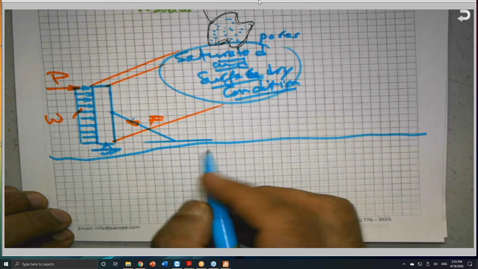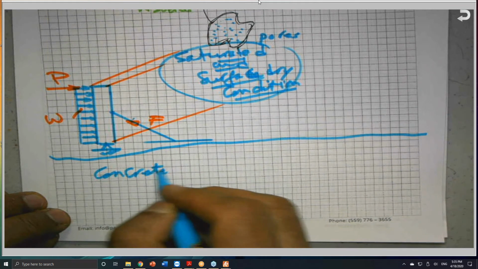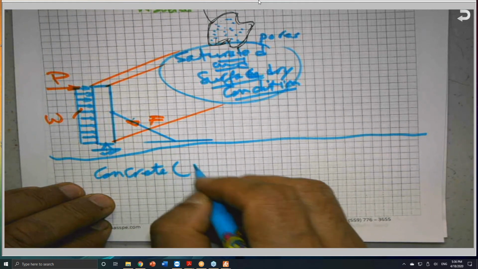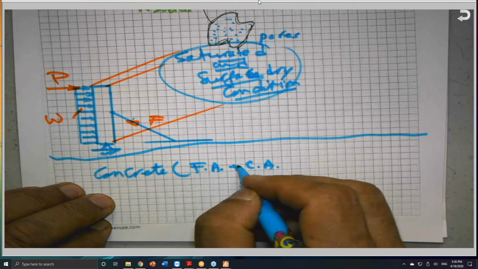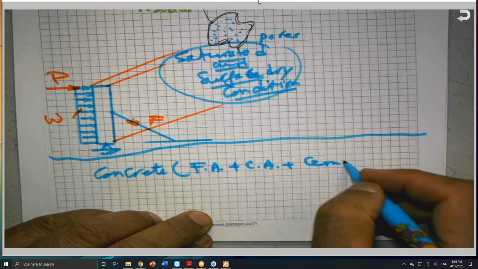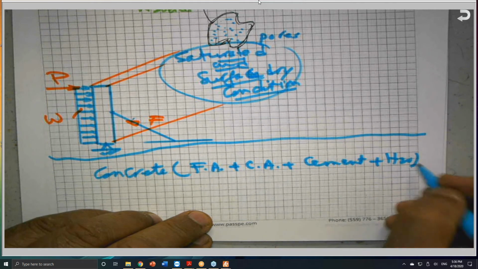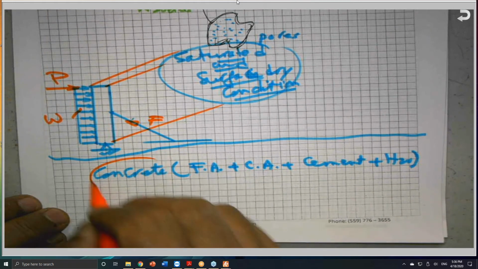As you know, concrete is a mixture of 4 ingredients: fine aggregate plus coarse aggregate plus cement plus water. After we mix it, we test the concrete.